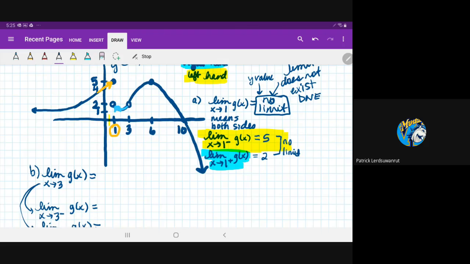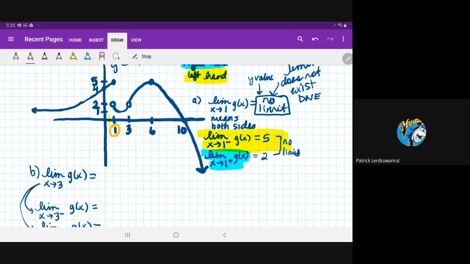Okay, so I'm going to erase my other colors here. This was a closed dot at 5, right? Like this. And let's see if I can be on the right color this time. So left side was yellow, so I'm using orange. What's the left side of 3?